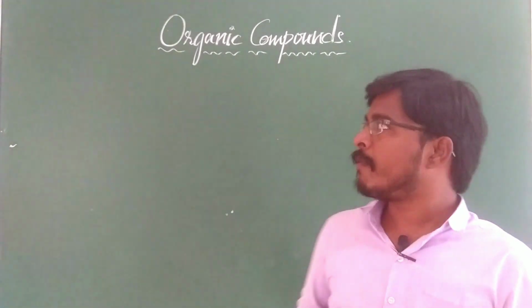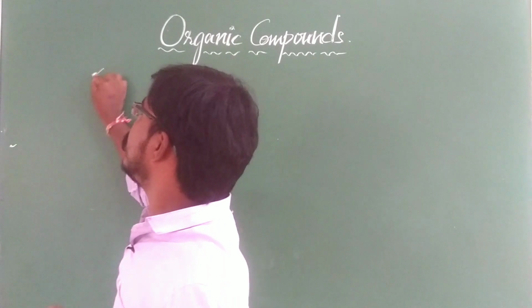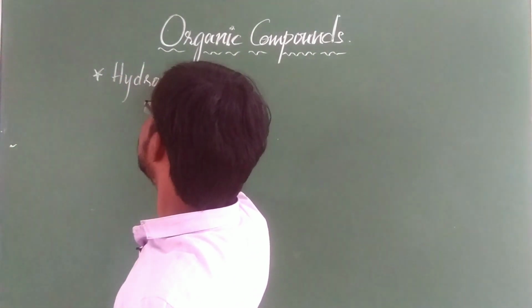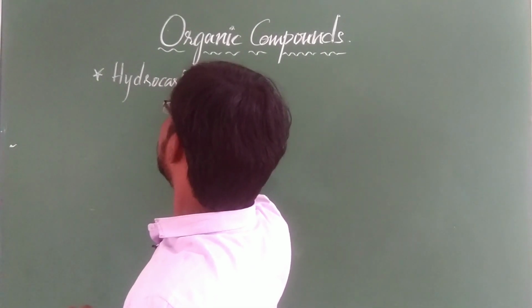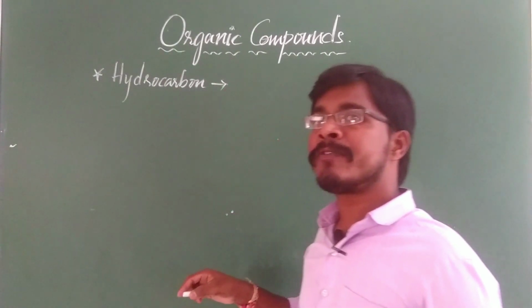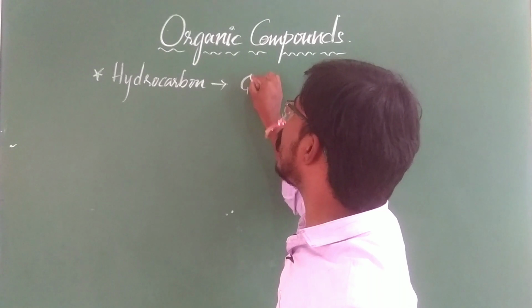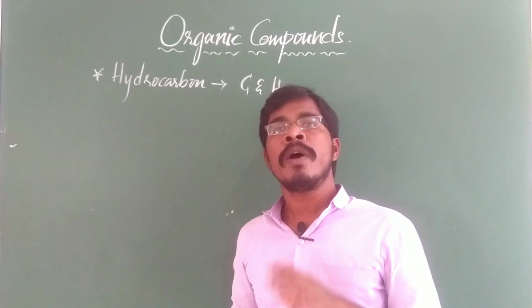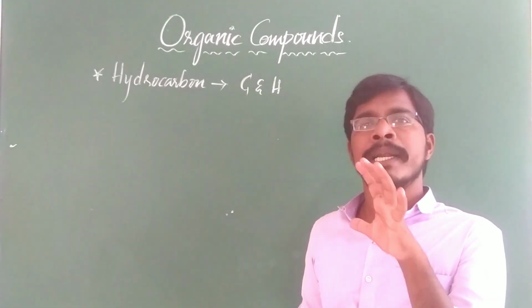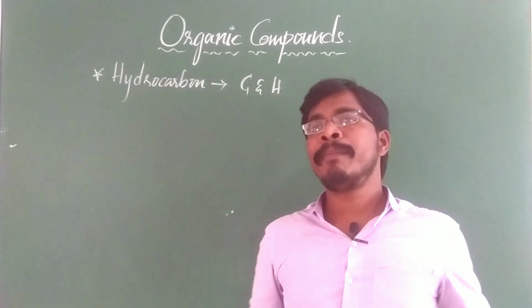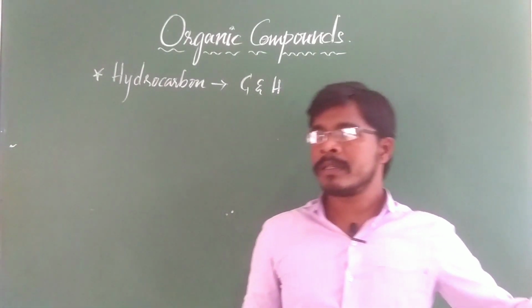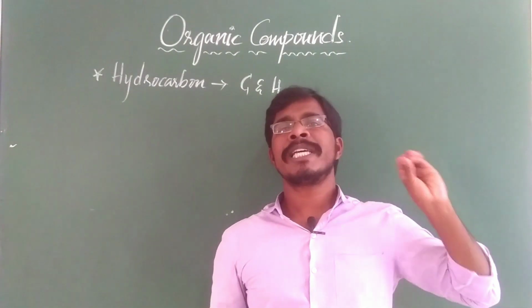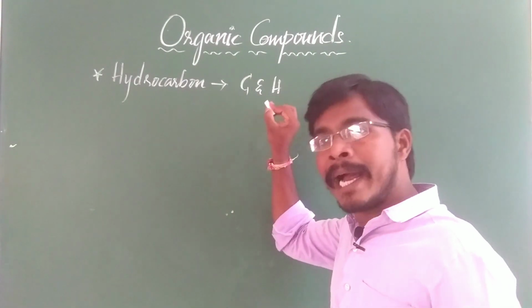So let us go with the organic compounds now. Before going into that, you should have an idea about hydrocarbons. Hydrocarbons are carbon compounds formed by using only carbon atoms and hydrogen atoms, no other elements. It is not with oxygen, nor with nitrogen, sulfur, or phosphorus, just the combination of carbon and hydrogen.